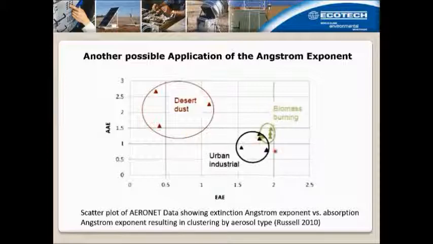So, for instance, biomass burning would land in that area of the plot. Urban industrial dust concentrations would come from this area. Desert dust, long-range transport, in that area. So you see, there is a chance to distinguish what kind of dust you have by just measuring the scattering and the absorption angstrom exponent.